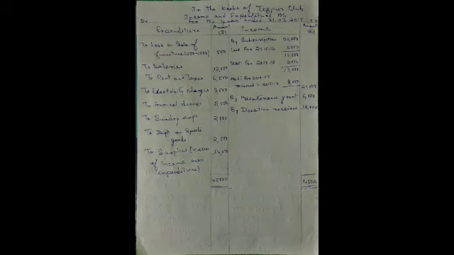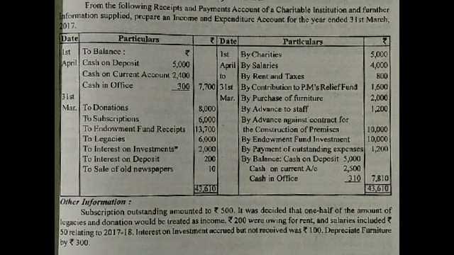Here you see the solution of the first question. Now on the screen you are watching the second question. Note down the question.